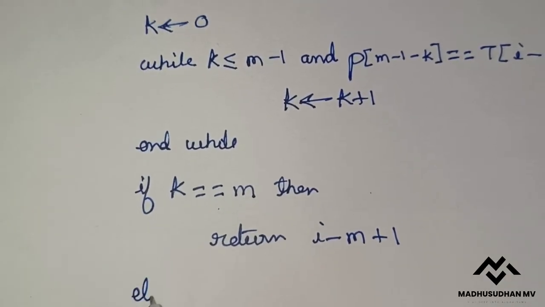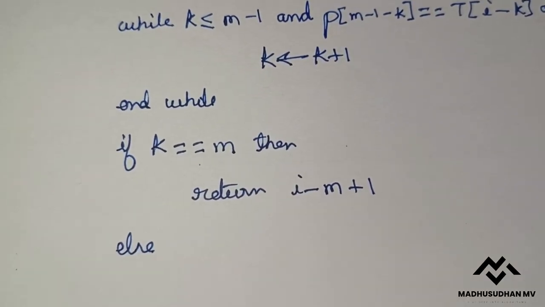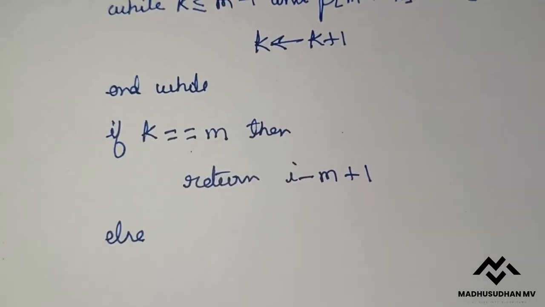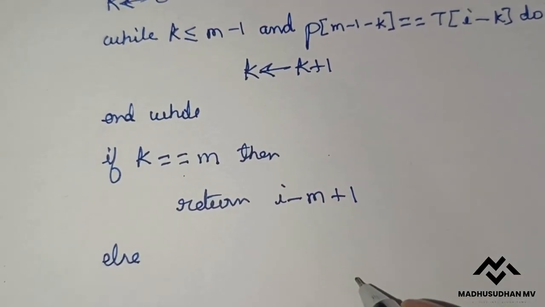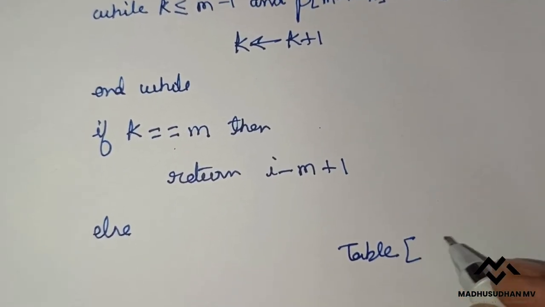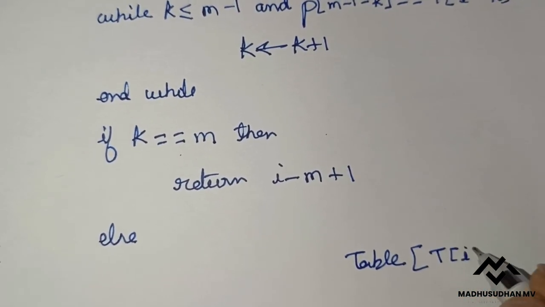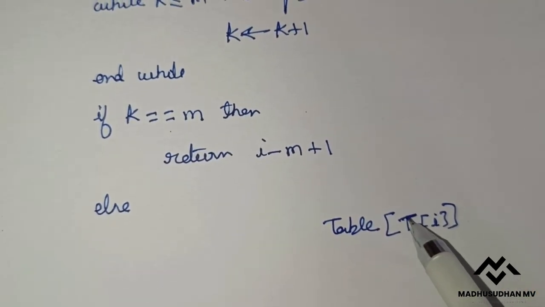If this is false, it means some more characters are there, but a mismatch occurs. At that time, I need to take the shift value of the mismatch character of the text, and shift by that shift value. So I take the shift value from the table of text of i, because text of i indicates the mismatch character of the text.